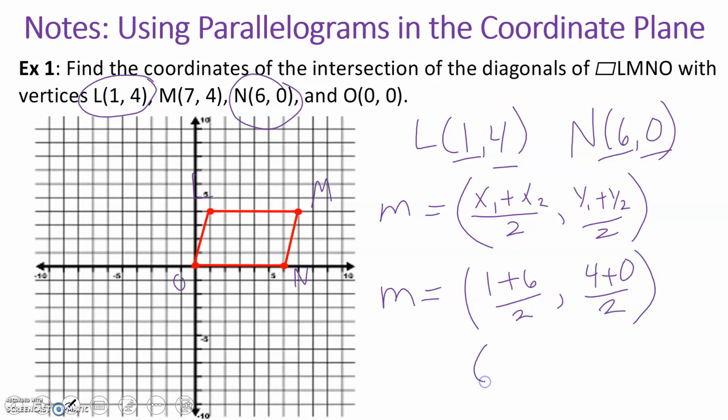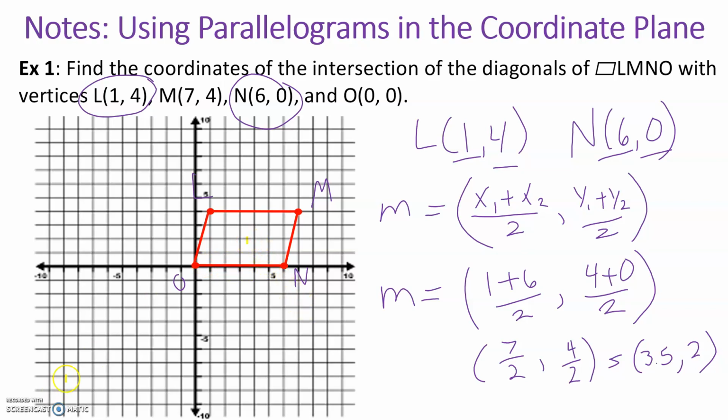So that gives us 1 plus 6, which is 7 halves, 4 plus 0, which is 4 halves, which then turns into 3.5, comma, 2. So then we know that our midpoint is going to be located at right 3.5, up 2, right here.